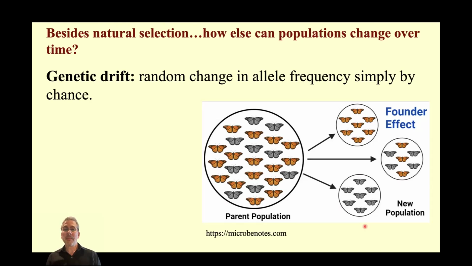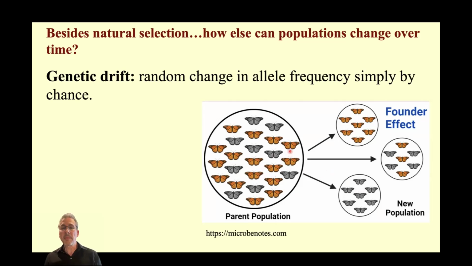So imagine you've got some individual area and you've got a population of butterflies. Maybe it's a mixture of these orange and gray butterflies. And then a couple of these butterflies fly to new areas and, let's say, colonize an island somewhere.